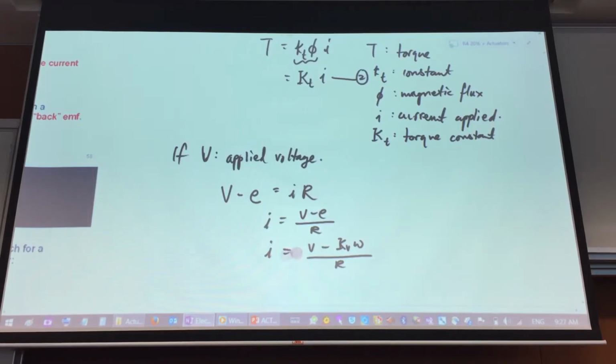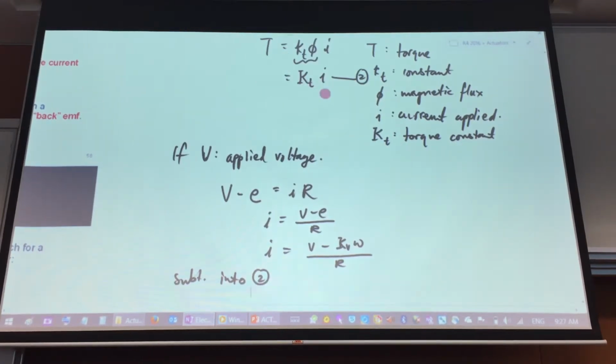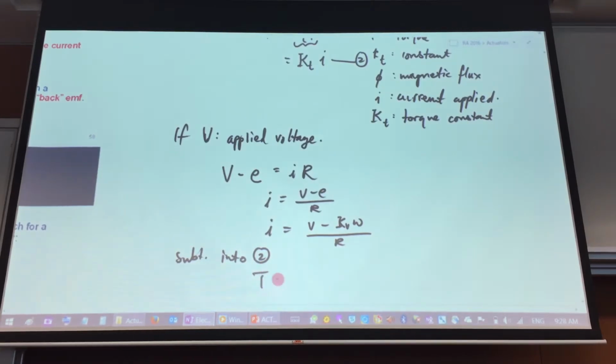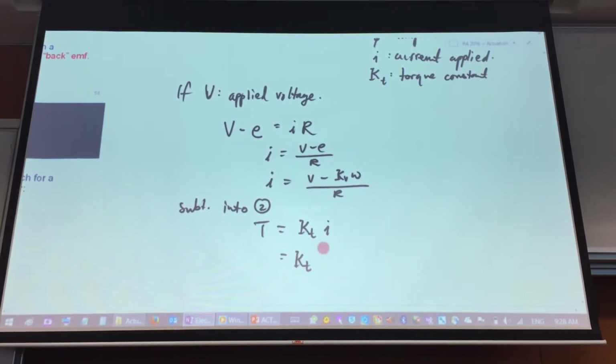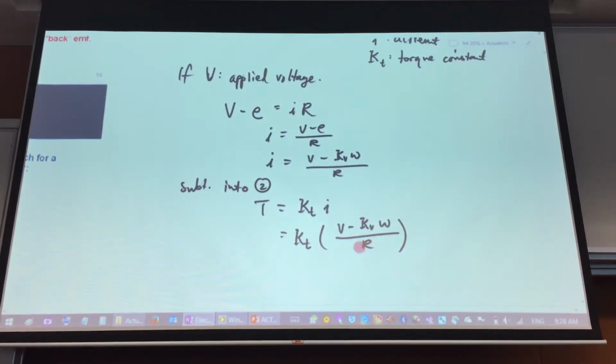And what I'm going to do is take this equation to substitute that into equation 2. So my equation 2 is over here. I get a torque expression, T equal to KT I, and then I'll replace that I as V minus capital letter KV omega divided by R. So I can take out that denominator R, just check it out, KT over R, V minus KV omega.